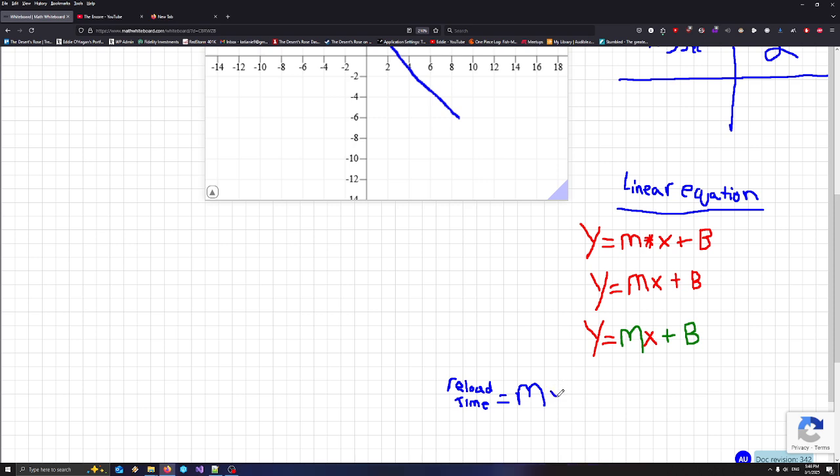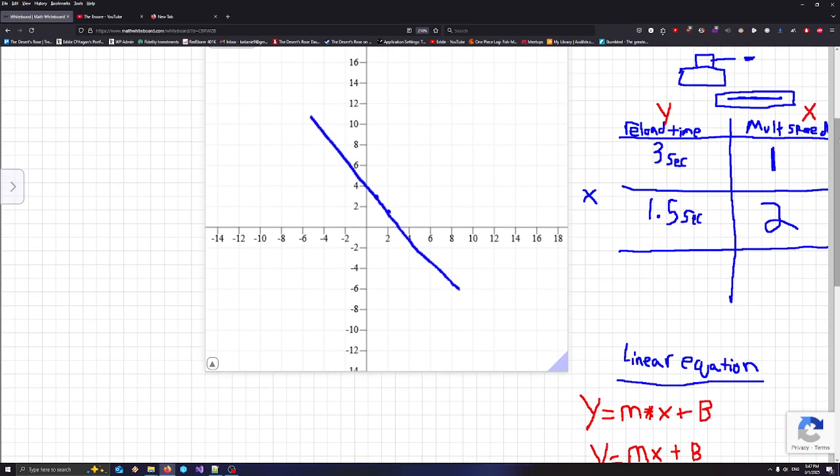So our slope times, again, I'm just writing out times to be explicit here, but most of the time in math, especially when you get to formulas, they'll just put the two together like this. And that's how you know they multiply together. Anyway, so we have the reload time is equal to m times x, which is our multiple speed.